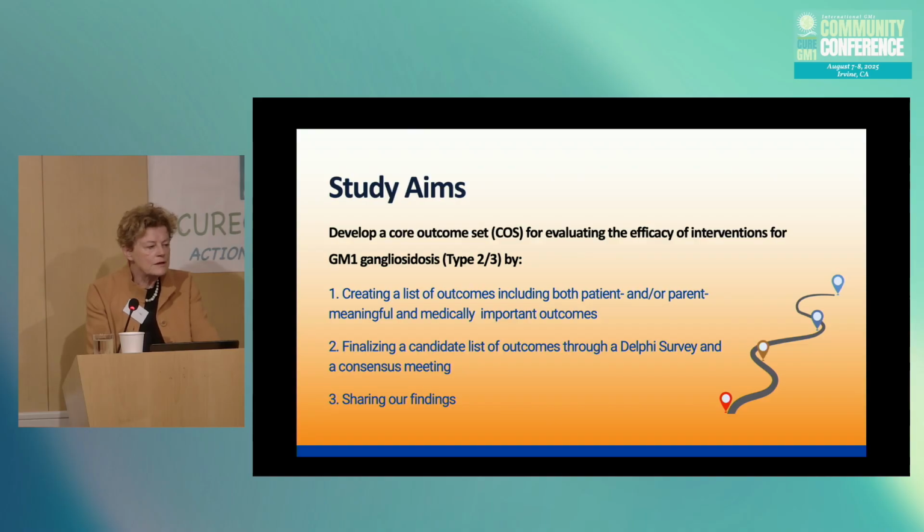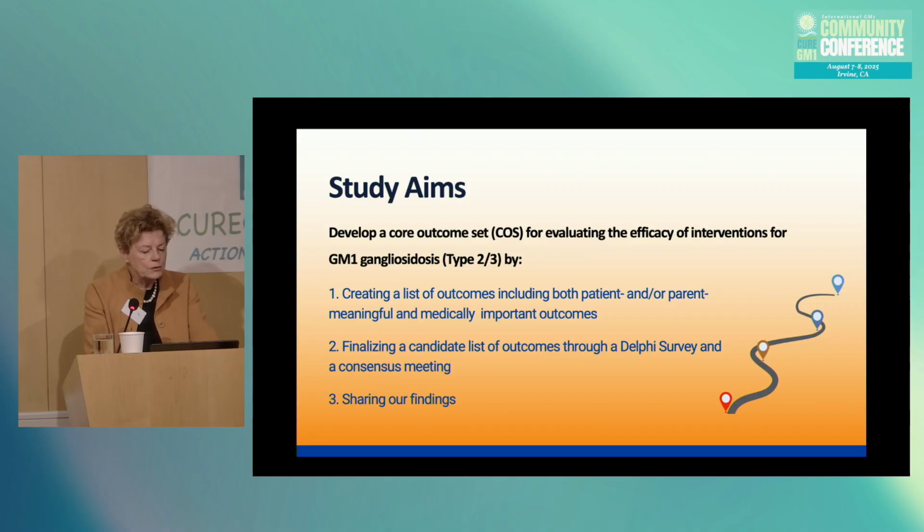So the aim of our study that is currently ongoing is to develop a core outcome set for the evaluation of the efficacy of interventions for trials for GM1 gangliosidosis, and we are mainly focusing on later onset forms, type 2 and type 3, so juvenile and adult forms.